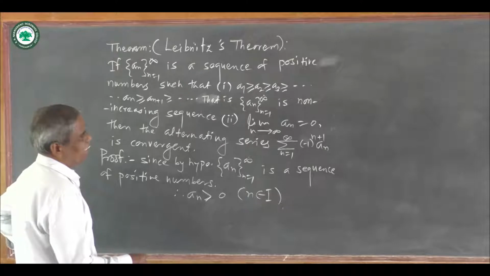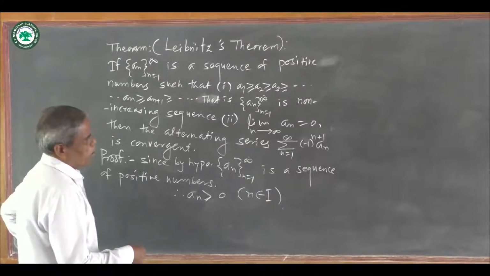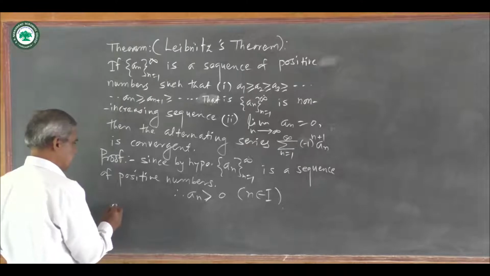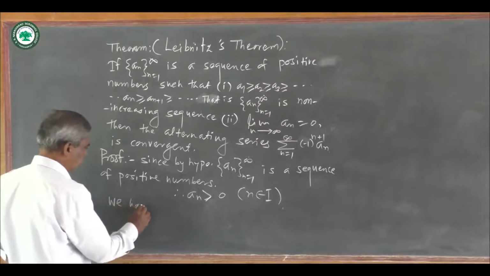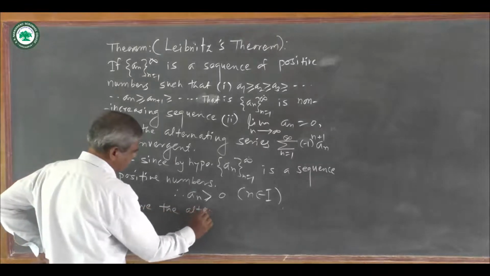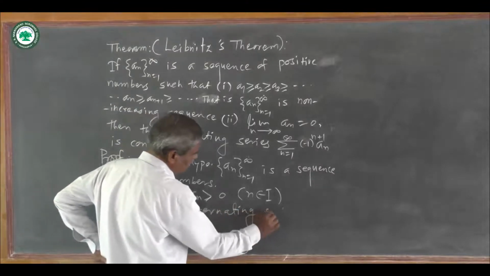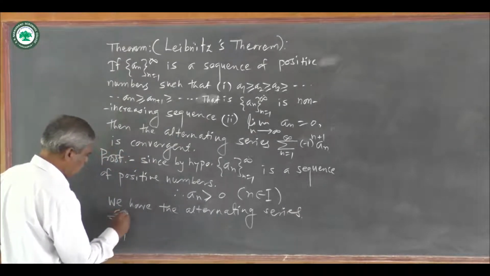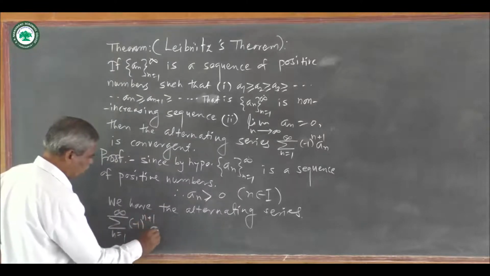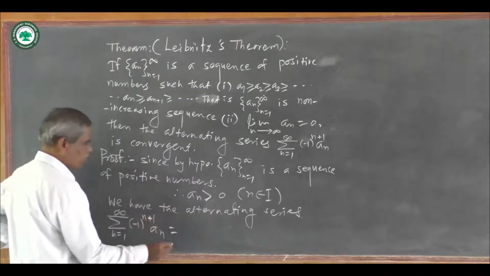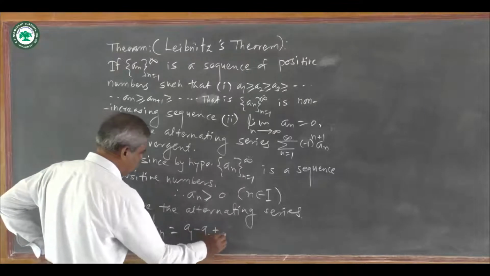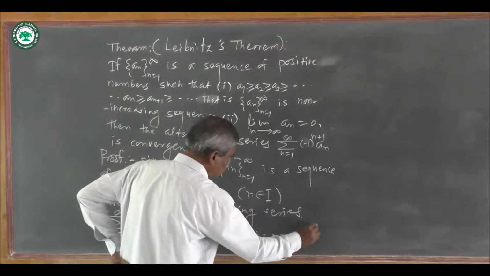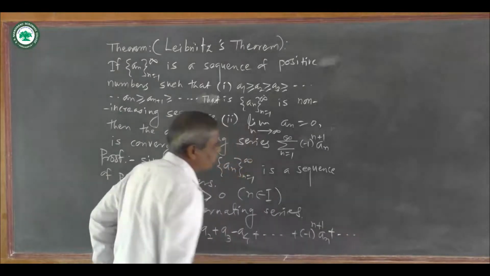We have the alternating series summation n equals 1 to infinity of minus 1 to the power n plus 1 into an, which is equal to a1 minus a2 plus a3 minus a4 plus and so on, plus minus 1 raised to n plus 1 into an plus and so on.